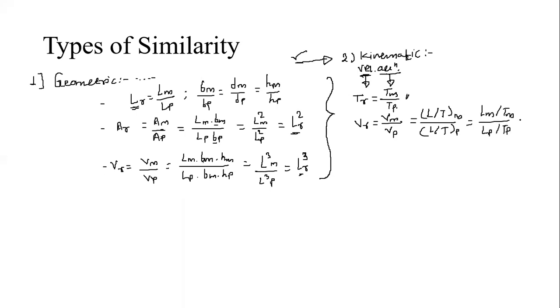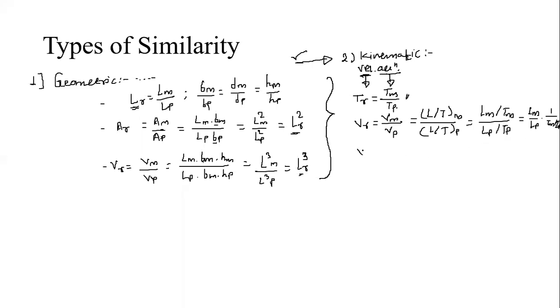Now if we go for rearranging the same, then we will have the ratio like this: LM by LP, the length of model divided by length of prototype, into 1 upon TM by TP, time in a model upon time in a prototype.